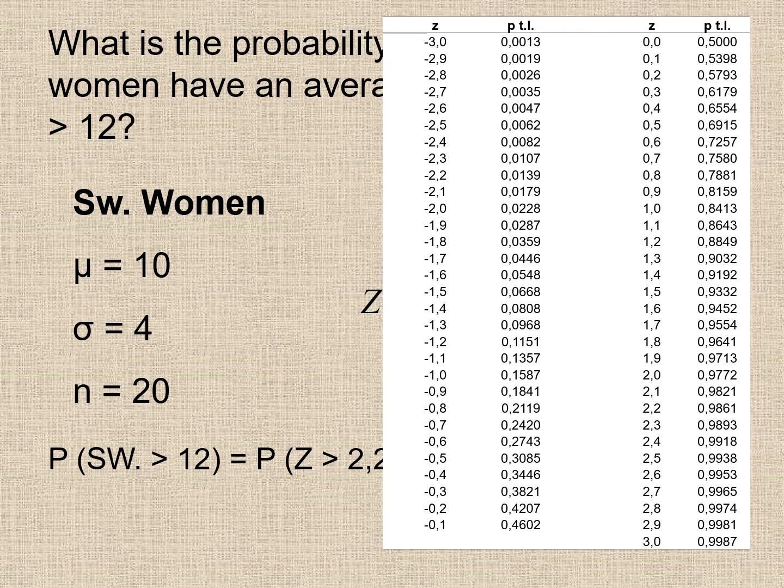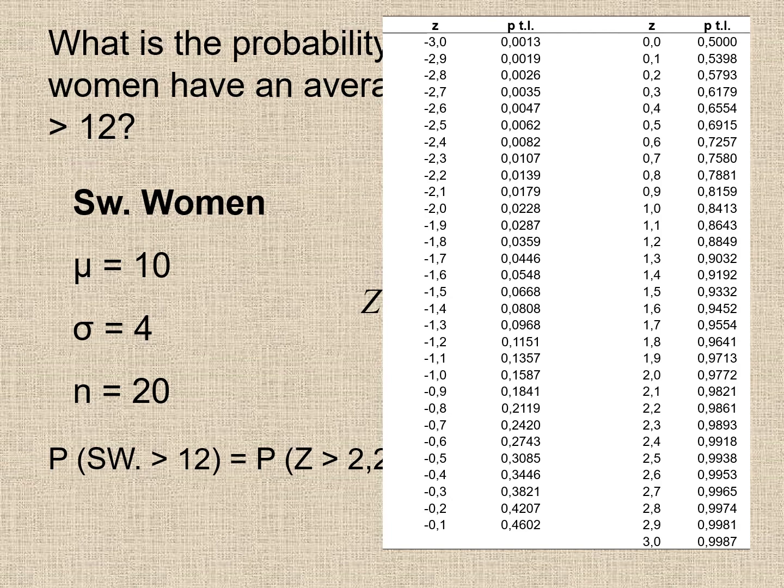But this gives how big a proportion of the z-distribution is below, meaning to the left of, this value. So 98.6% is below the value 2.2, but we want to know how big a proportion is above the value 2.2. Well, if 98.6% is below, that means that 1.4% is above this value.